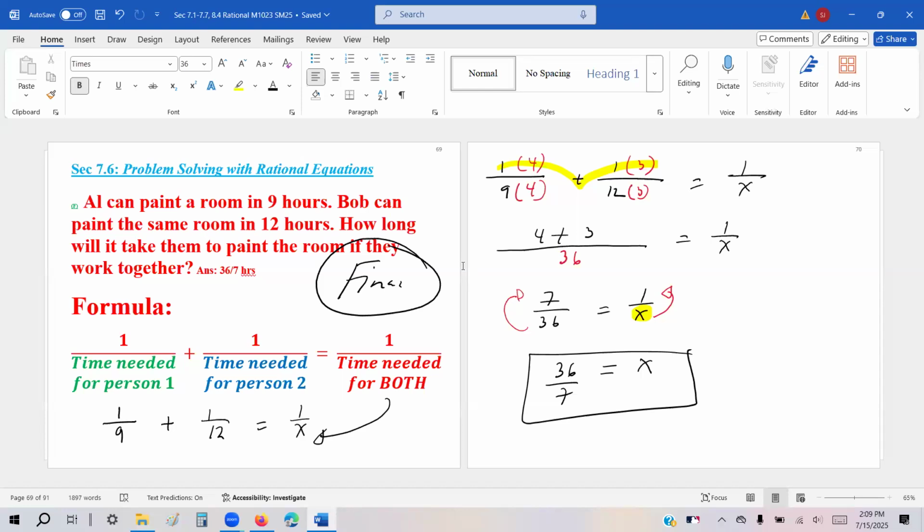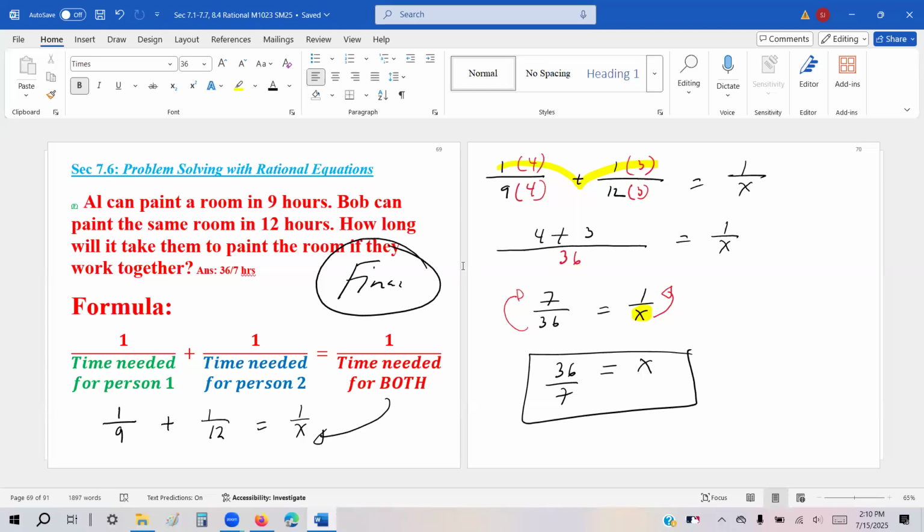You just add their rates, and the sum is 1 over the time together. And whatever you don't know, that's the x. X is not a specific thing. X is not always the time together. If you don't know how long one person works, that is x. If you don't know how long it should take if they work together, that is x. So whatever you don't know, that is your x. Everything else will be given to you.